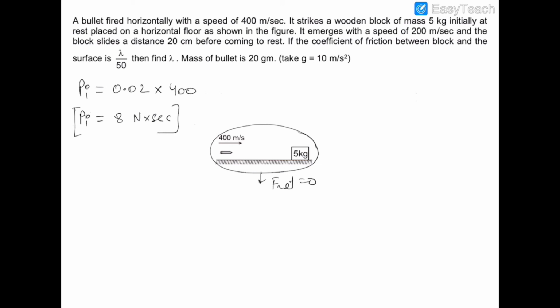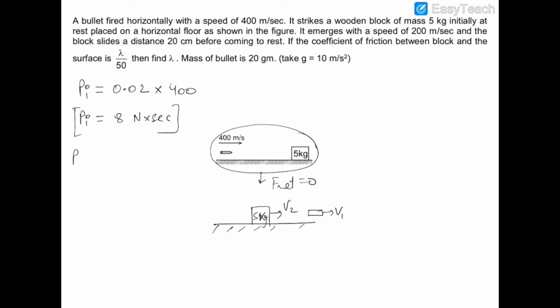Now when this bullet will emerge out from the block, let's suppose the block starts to move with the velocity of v2 and the bullet is moving with the velocity of v1. v1 is already given to us as 200 meters per second, okay, I'll put the value afterwards.